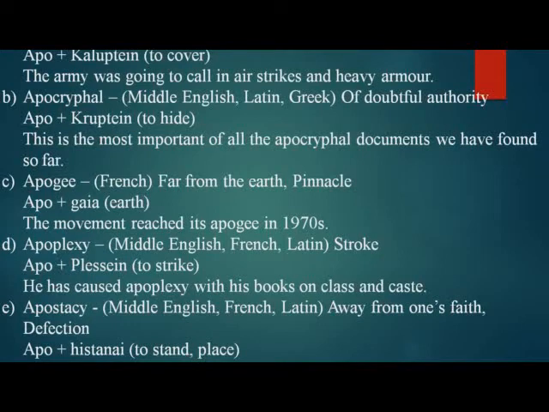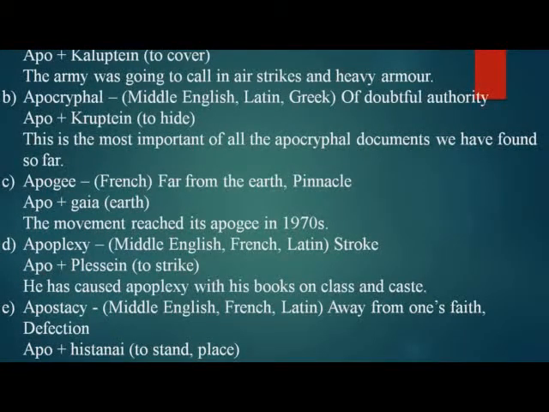He has caused apoplexy with his books on class and caste. So that's what we can say. Like his books on class and caste, he has caused some kind of nervous disorder or some kind of problems, nervous tension among the people. So that is apoplexy. In simple terms, how we use it today is stroke.